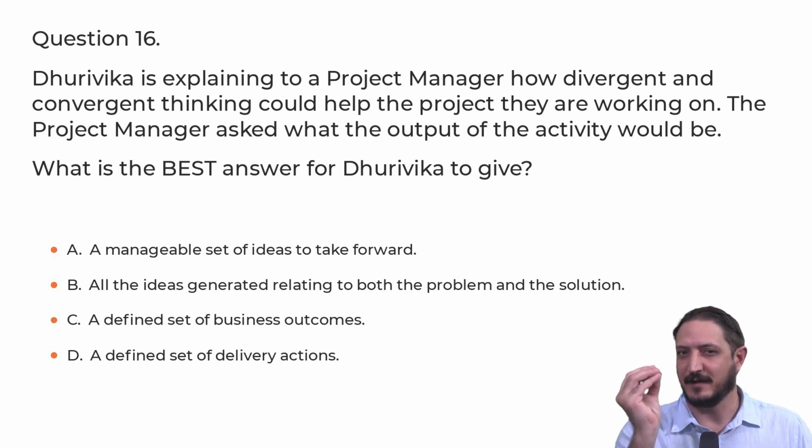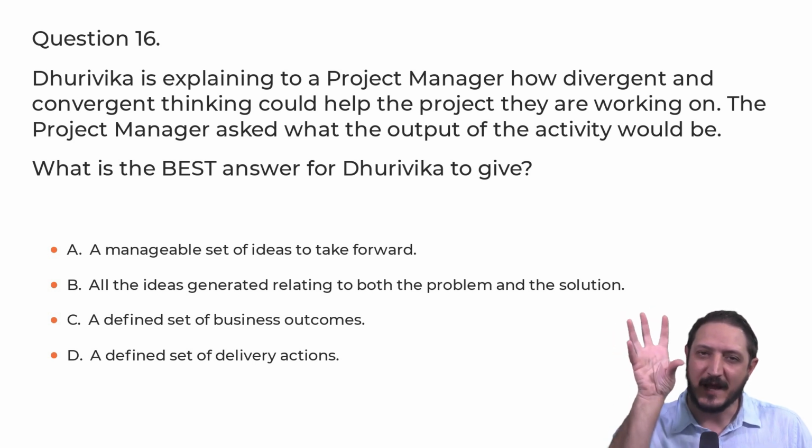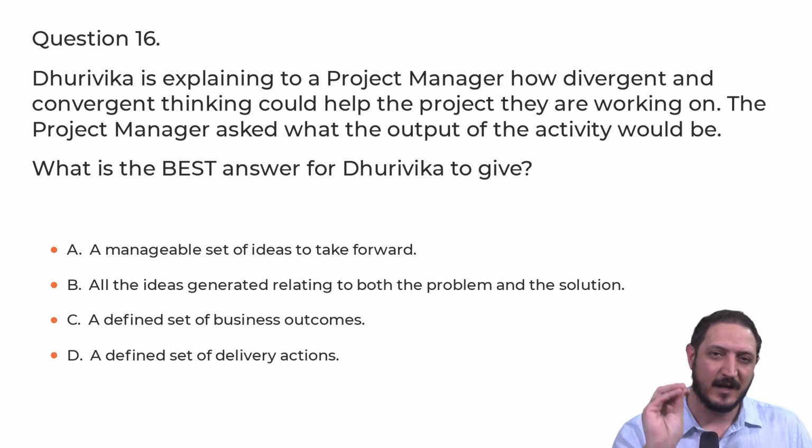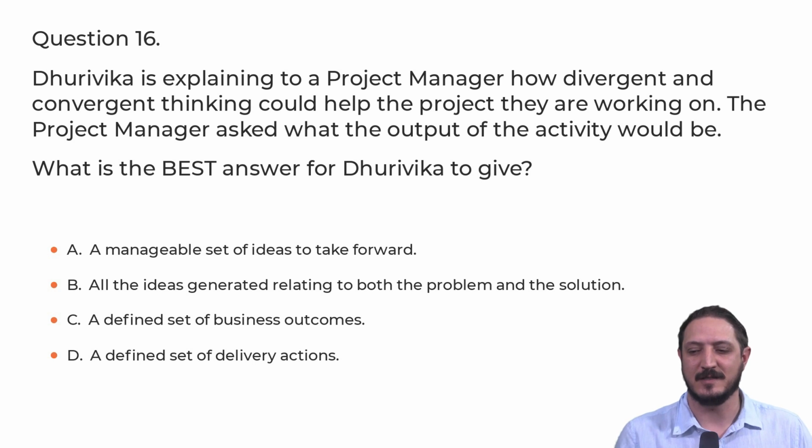So we'll take that idea and then go divergent and think about what more can be done to it from a creative perspective on that particular choice, and then we'll converge again and really focus in on the detail. But at the end of the divergent thinking process, the output should be a manageable set of ideas. So the whole point of divergent and convergent thinking is about generating ideas.